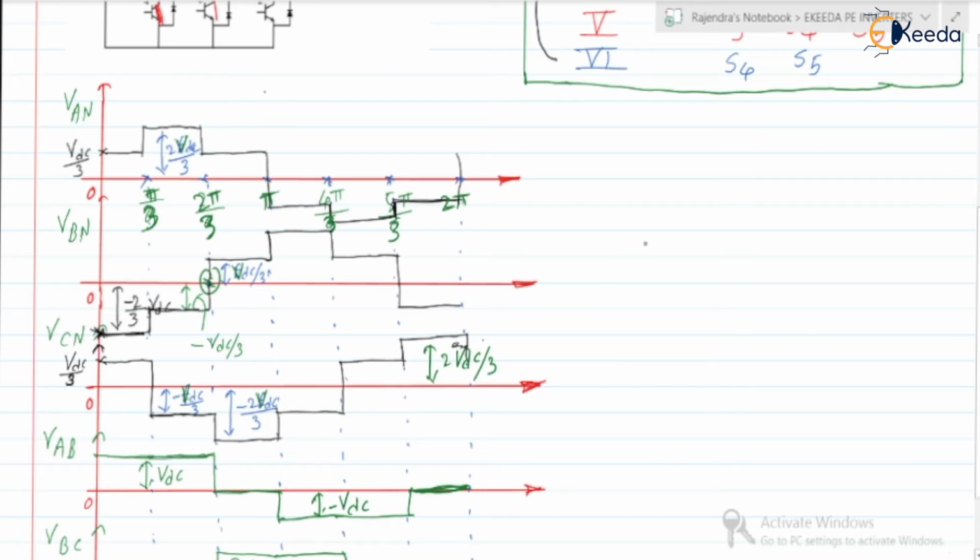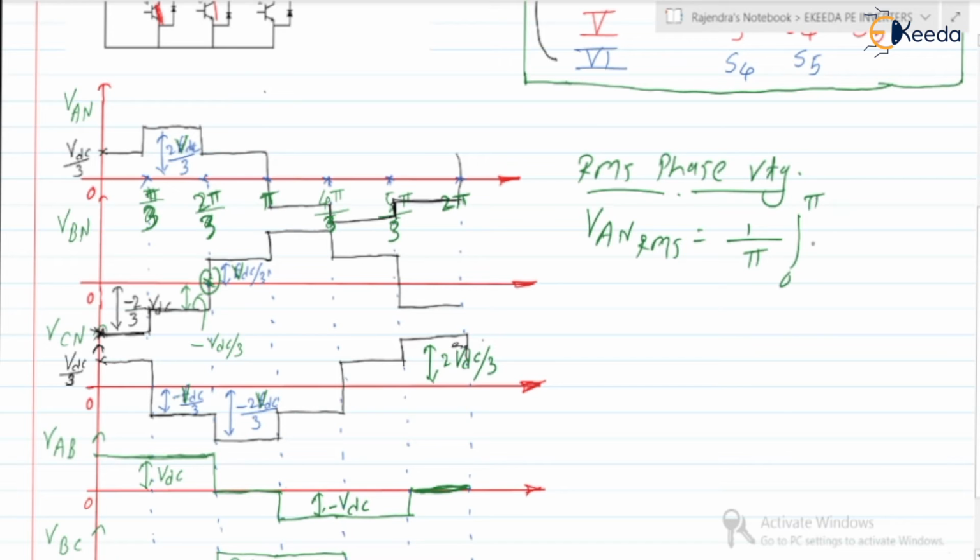So, RMS phase voltage: VAN RMS is equal to (1 by pi integration from 0 to pi of VAN square d omega t) to the power 1 by 2.